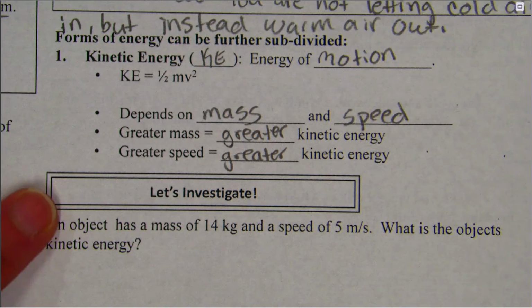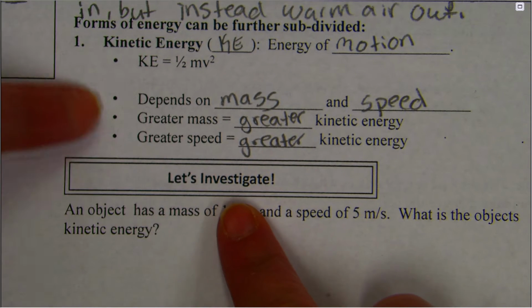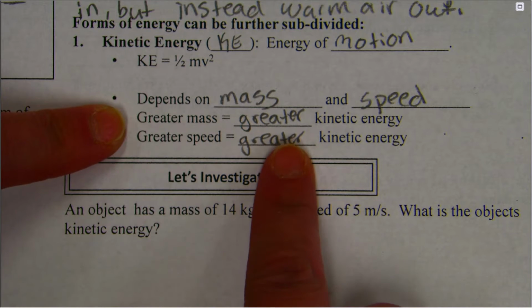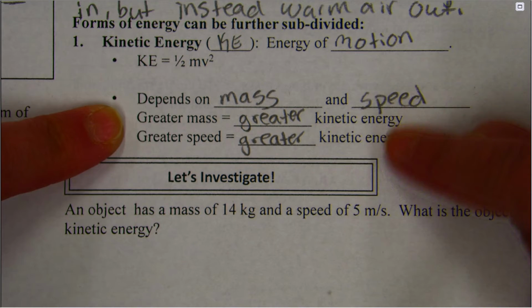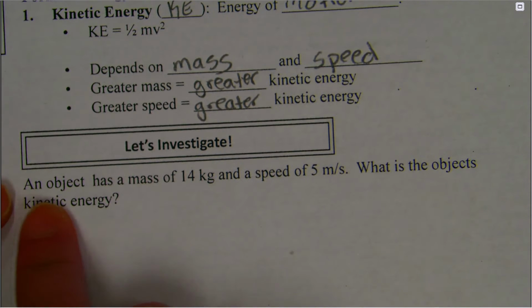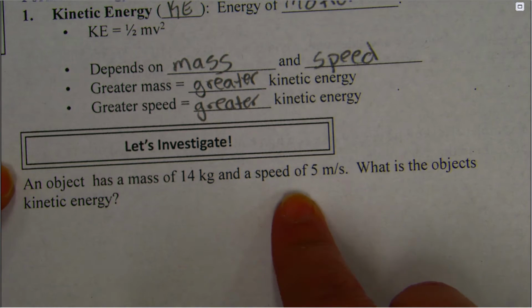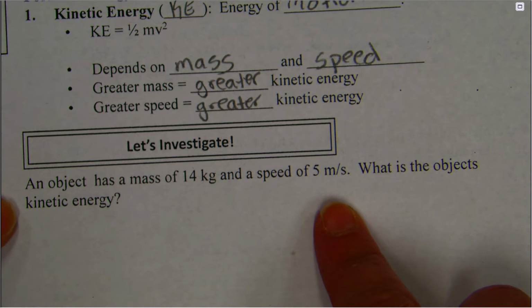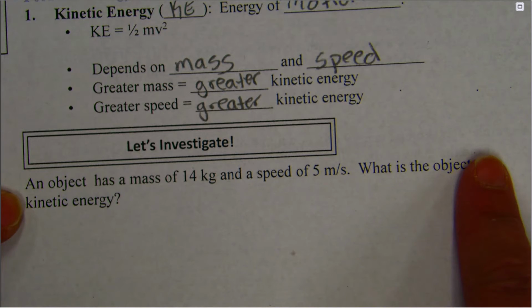So let's investigate what we just talked about and see if we can prove that mass and speed do affect kinetic energy. I have an object with a mass of 14 kilograms and a speed of 5 meters per second. What is the object's kinetic energy?